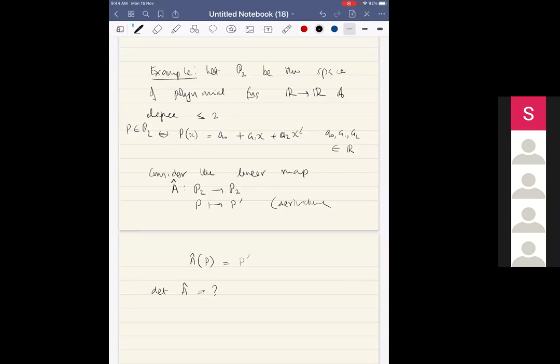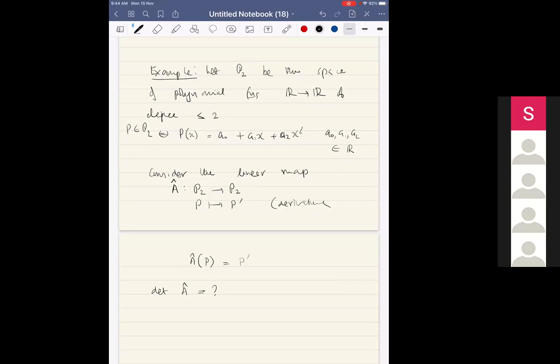So in other words, before I defined the determinant of a linear map, I made some claims about the determinant. Then I defined the determinant, but I did not verify that the claims are indeed true. All these things you have to go back and check.